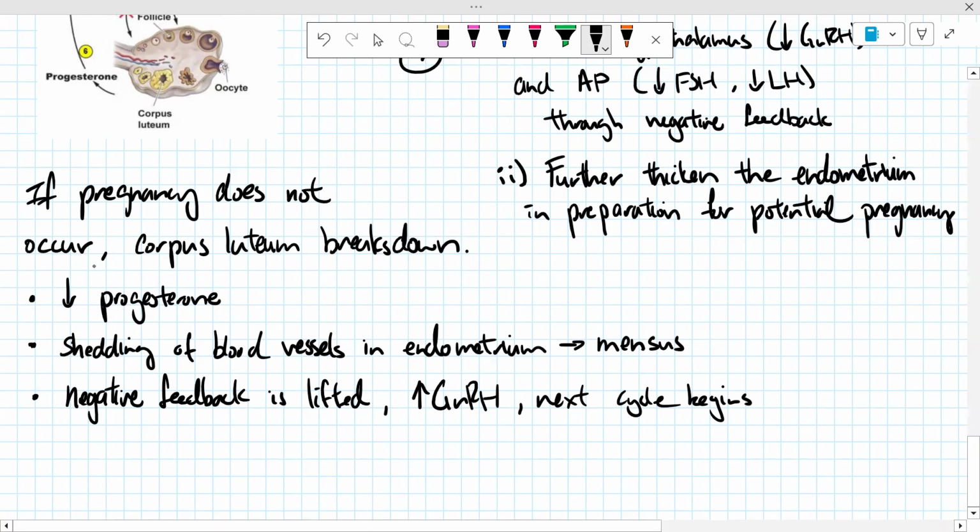The body needs a way to ensure the continuation of the species, making sure that we're able to make more humans, basically. So the egg is gone. If there's no pregnancy, the egg will just continue onward to the uterus and be released from the body, and then now we need to get another egg, basically, right? Okay. Thanks.